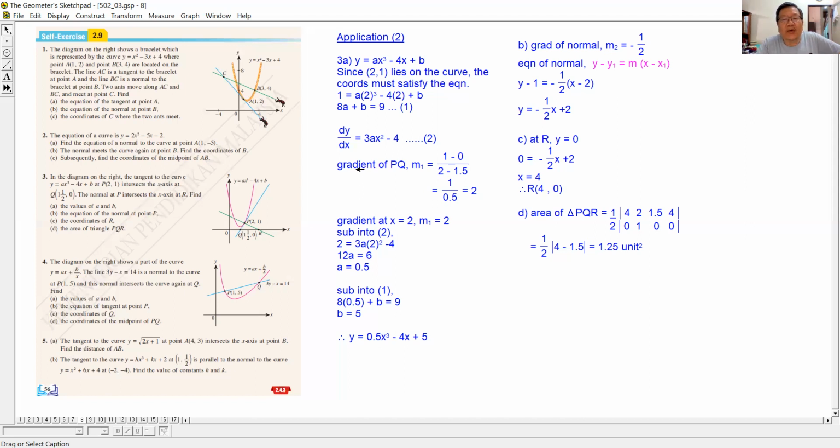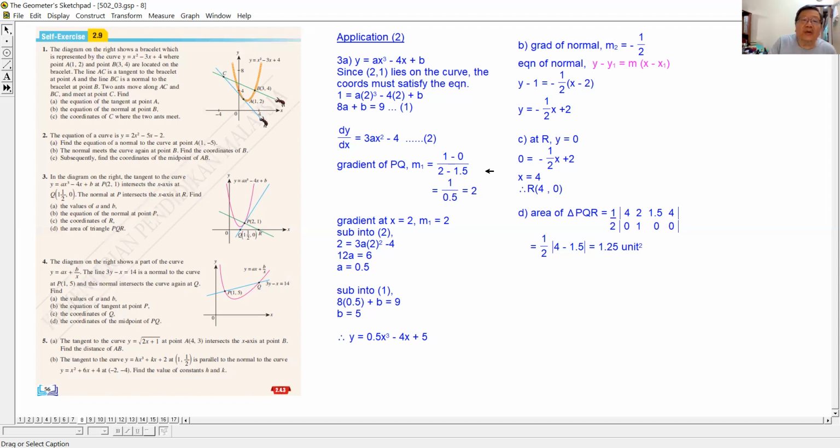I call it m1 because it's the tangent. Gradient of PQ equals (1 minus 0) over (2 minus 1 half), so it's 1 over 0.5, which is 2. It means the gradient of the line PQ is 2.